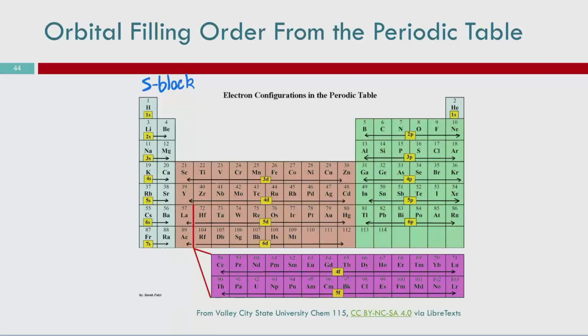The s block is just the first two columns, plus helium. He's included. Sort of like if we moved helium all the way over this way, then we'd have a nice clean block. It's all the way on the right side because it's a noble gas, and so we include it in the noble gas group instead. So that's our s block.